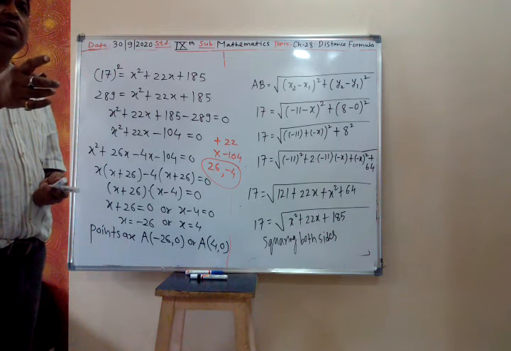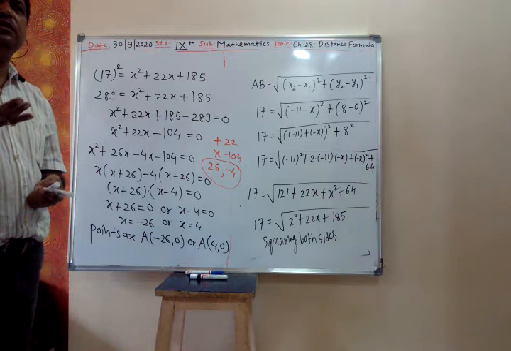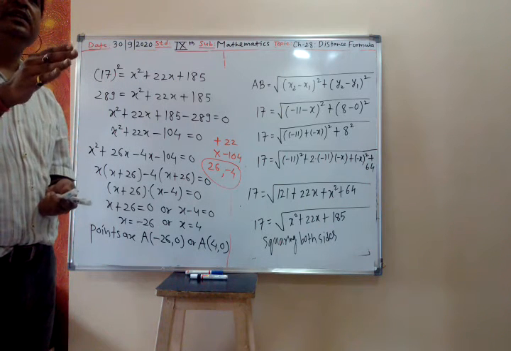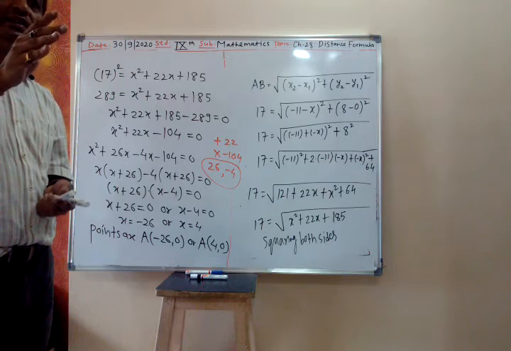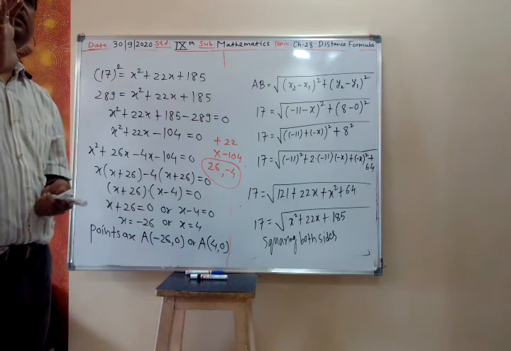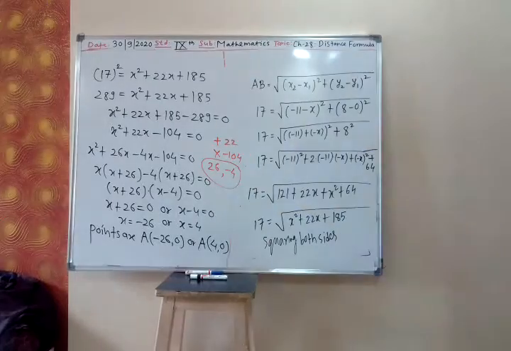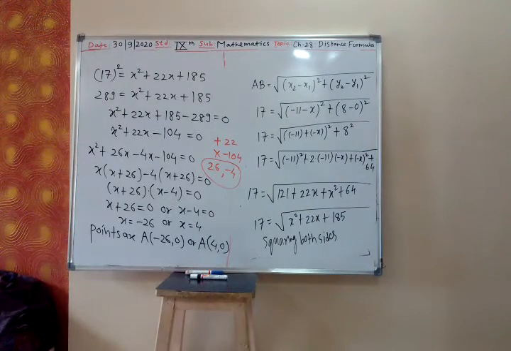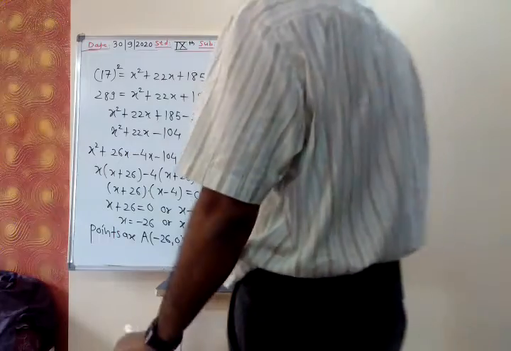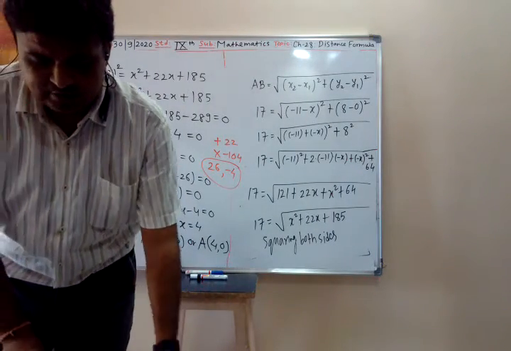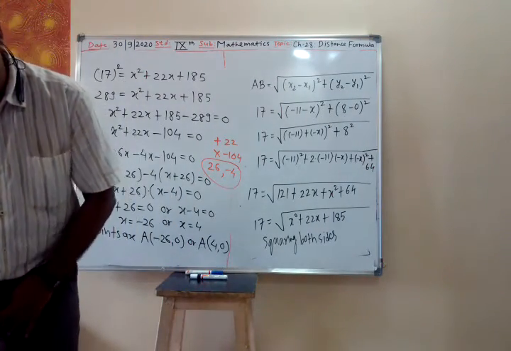When you are taking a point on the y-axis, it is 0 comma y, because its x coordinate must be 0. So you can take the point 0 comma y and solve in the same way.